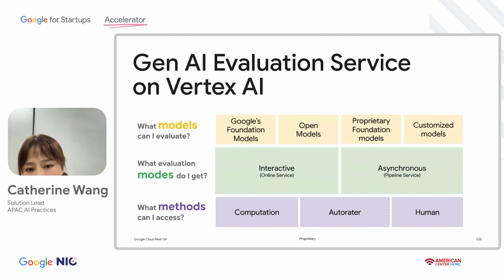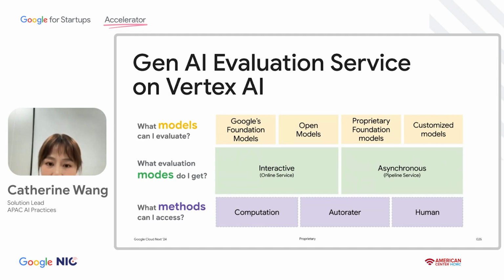So, what method can I use? I need to add a bit of explanation here. Computation method means we have well-crafted metrics, let's say the ROUGE score, fuzzy matching, the BLEU score. We already know how to calculate those in a computational way. So we have a score for BLEU, we have a score for ROUGE.